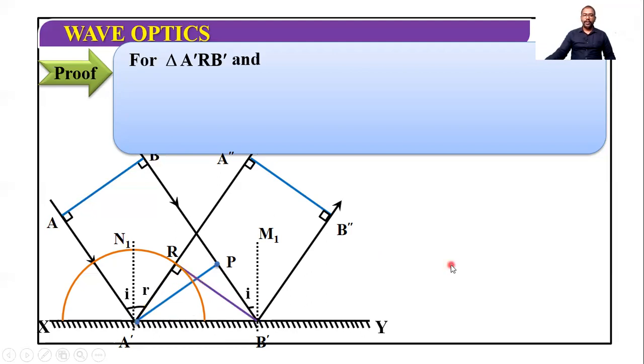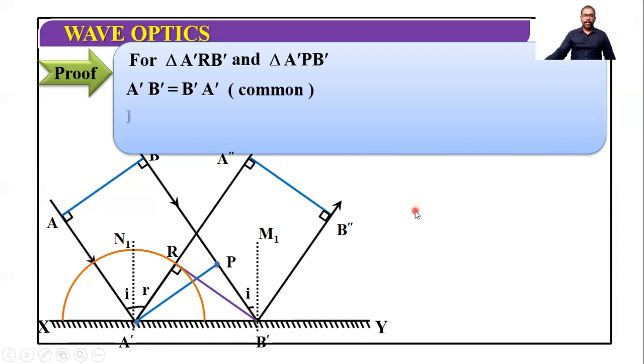Also, we have to consider one more triangle, and it is A dash P B dash. You can see the highlighted triangle. Now in both triangles, A dash B dash is a common side.